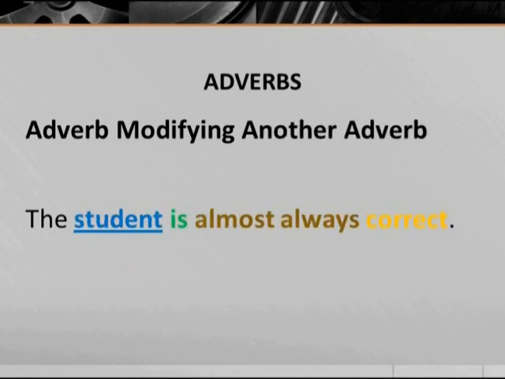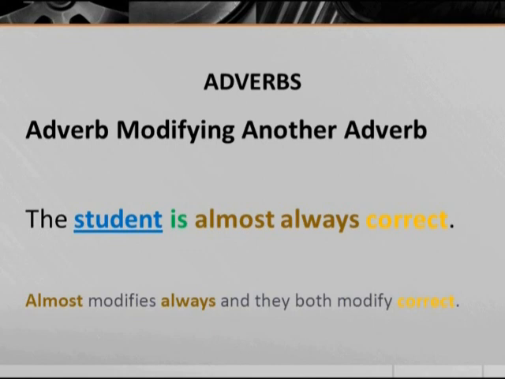Here's an example of an adverb modifying another adverb. The student is almost always correct. Almost is an adverb. Always is an adverb also. Almost modifies always, and they both modify the word correct.